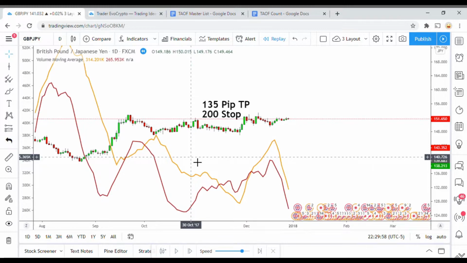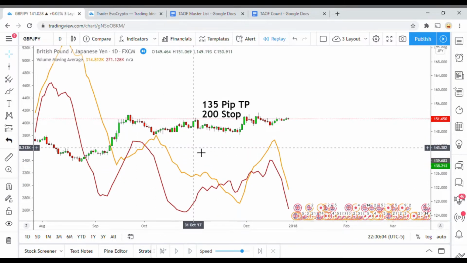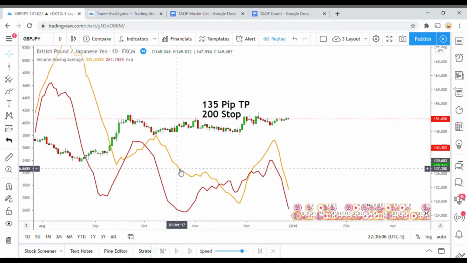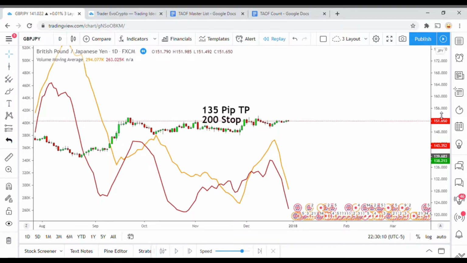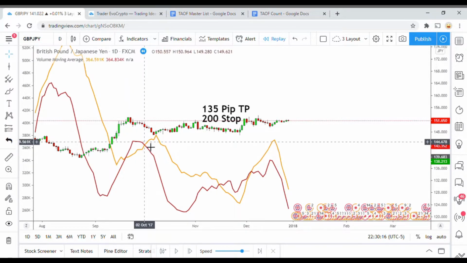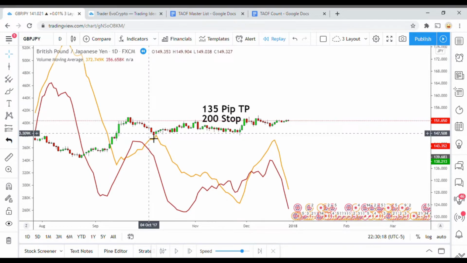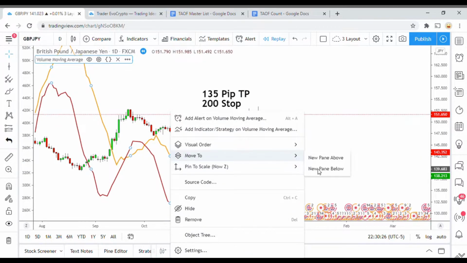But if any of you know how to link up the two, something like this, where we have these different moving averages, and then we have the price action, and we could attach the relationship of the indicator to the price action, then that would be awesome and another way of possibly looking at trading indicators.